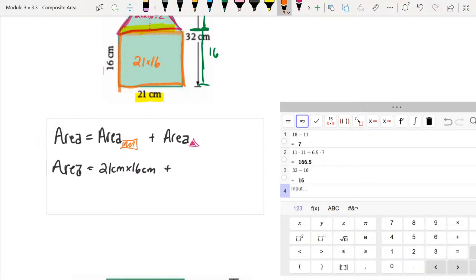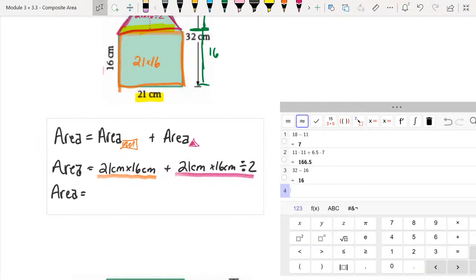And then, I'm going to underline that so we know that that's the rectangle we're talking about. And then the triangle, the base of that is 21 as well. It's also 16 centimeters high, but because it's a triangle, we have to divide it by 2. And those are the two areas that we have to put together. We put them together by adding.